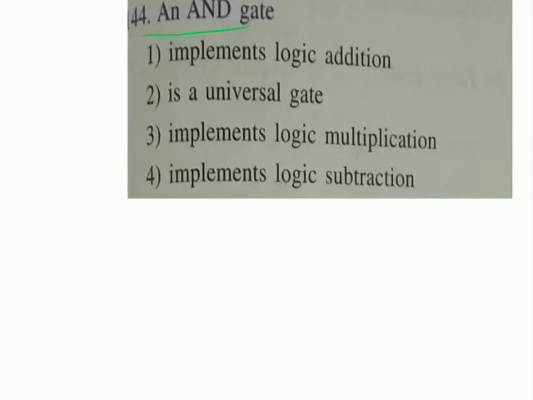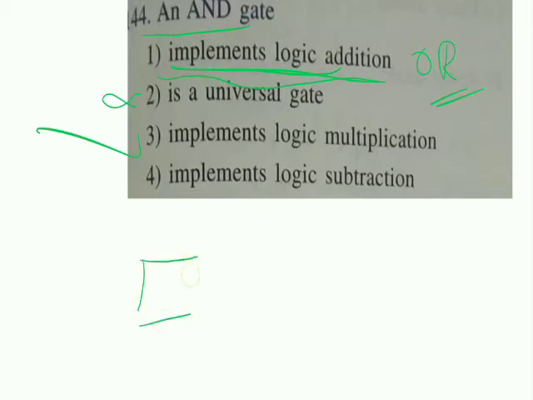AND means dot. Implements logic addition: logic addition is the OR gate. In the last question we discussed universal gates: NAND and NOR gates are universal gates. Implements logic multiplication, right? The AND gate. AND means dot product. So this is the AND gate symbol.